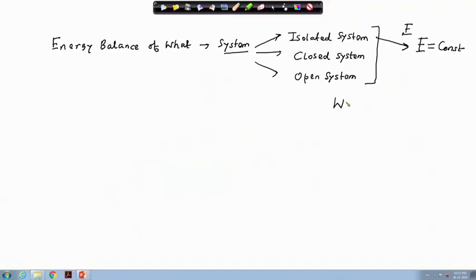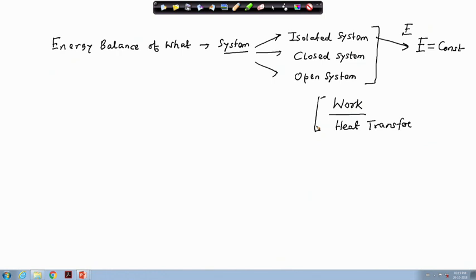And then comes the immediate question: what are the modes by which energy can be exchanged between the system and the surrounding? And of course, there are two modes available, which are work and heat transfer.